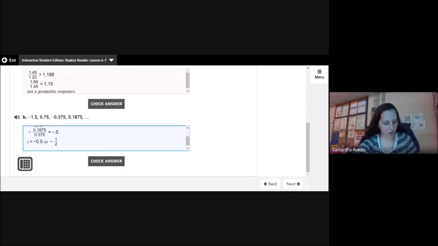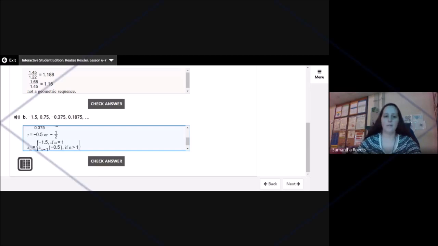So my recursive definition is going to be a sub n equals negative 1.5, because that's my first term, if n equals 1, and then a sub n minus 1 times negative 0.5 if n is greater than 1.